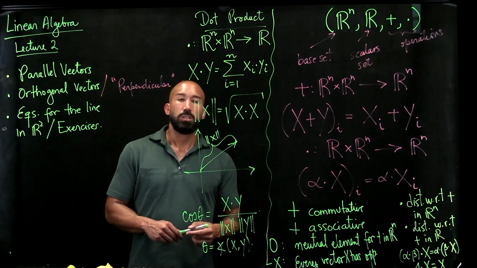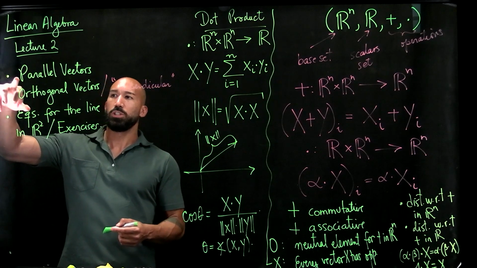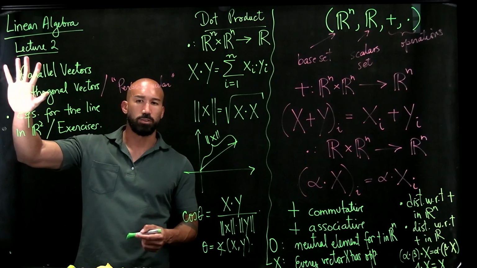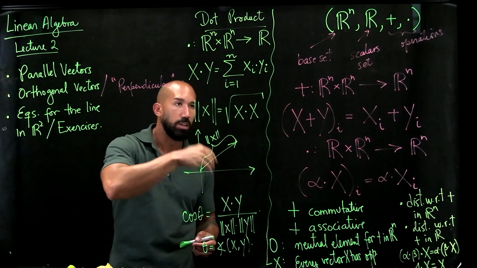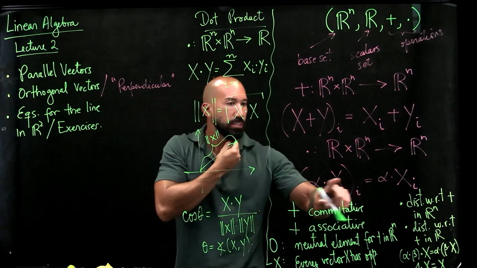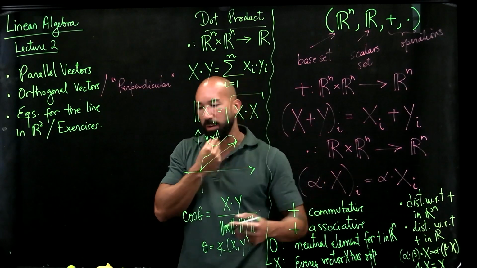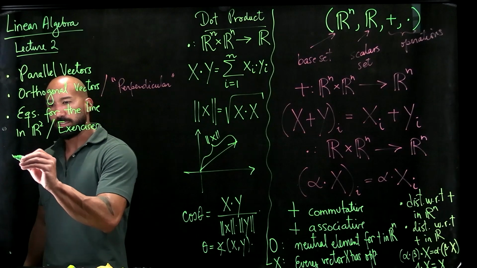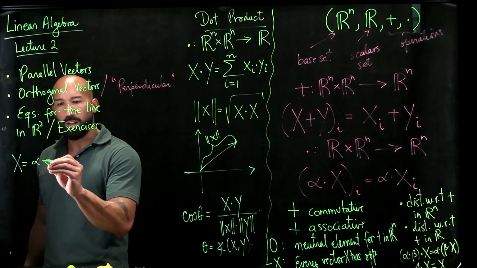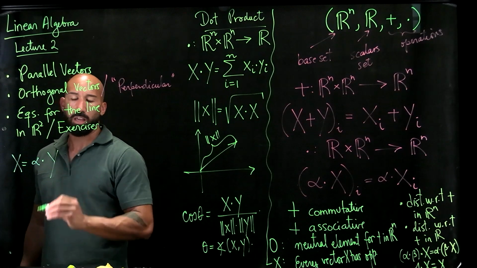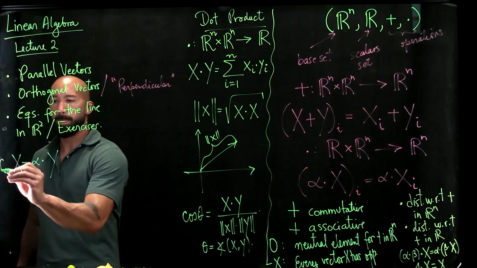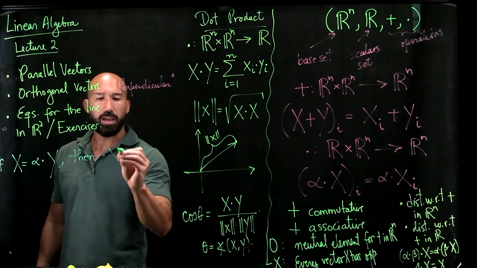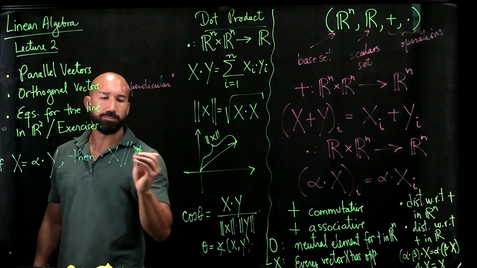Now we are going to proceed to deduce necessary and sufficient conditions for two vectors to be parallel. Last class, when we were interpreting the multiplication of a scalar by a vector, we saw that if a vector x is equal to alpha times a vector y, then x is parallel to y.